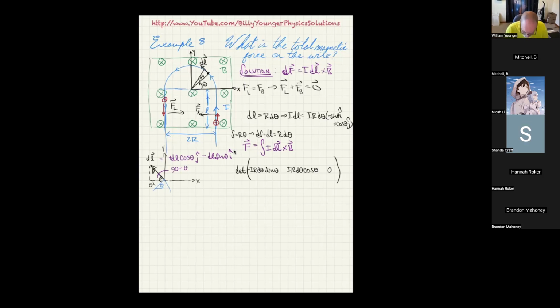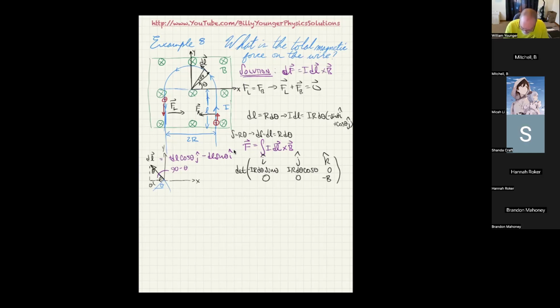The magnetic field, the way we have it written right now, x and y are in the plane, and if you use your right hand rule on that, i hat cross j hat is supposed to give you k hat. So the magnetic field actually points in the negative z direction. So I'll just put negative B down here, 0 here, 0 here, i hat here, j hat here, k hat here. Now, there are a lot of nice tricks you can do to avoid this stuff, but I'm trying to show you exactly what's going on so that you'll better understand, and then when you try to do the tricks, they'll make more sense. So I'm working out all the details, and then we can regroup and look at how the actual author did it, for instance.